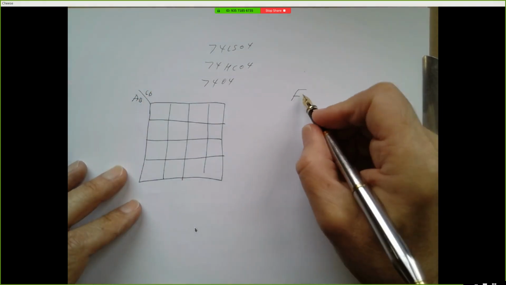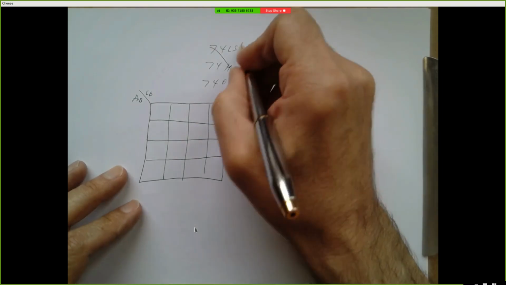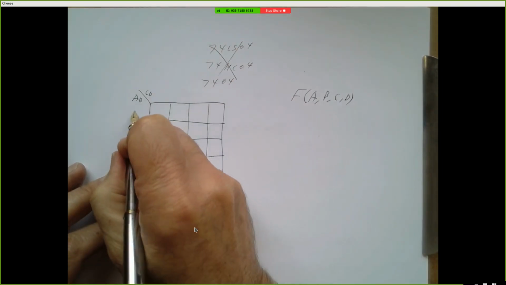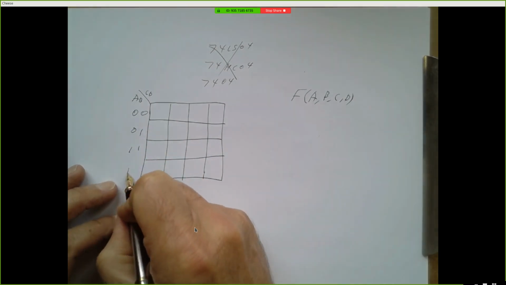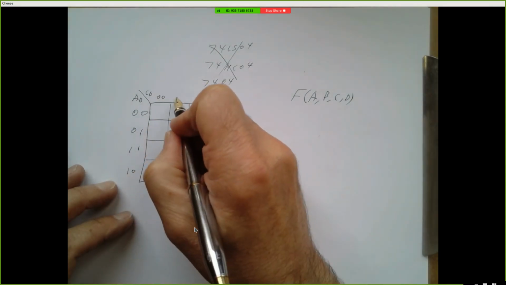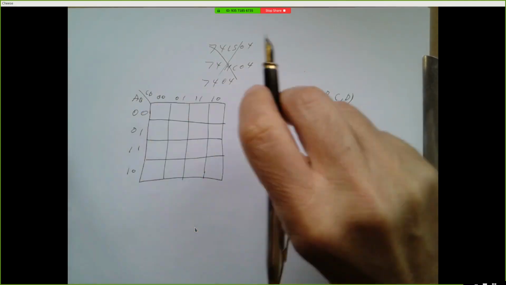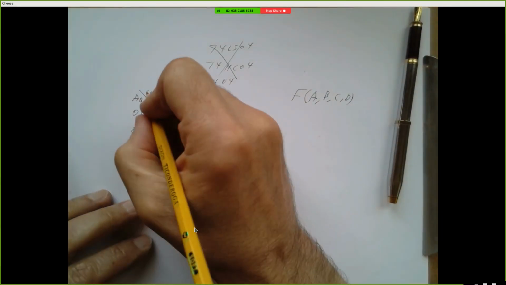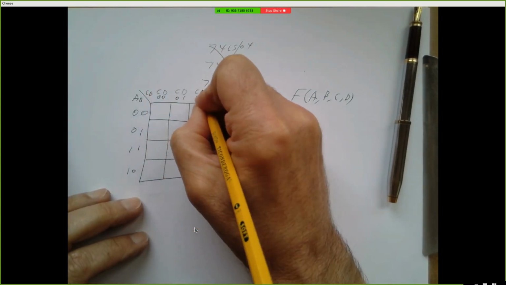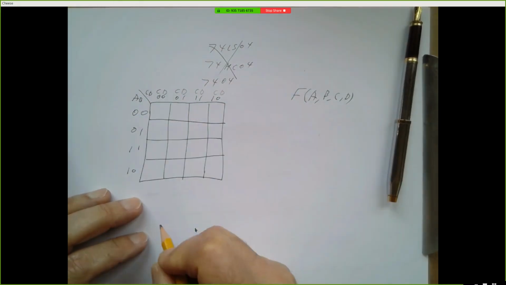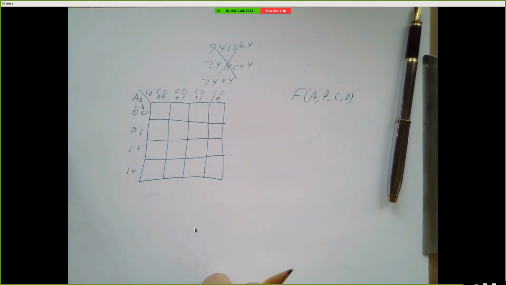So let's suppose we have a function of 4 variables, A, B, C, D. And remember the special ordering 0, 0, 0, 1, 1, 1, 1, 0. And I'm just going to lightly write down above each of these CD, CD, CD, CD, and AB correspond to these variables.